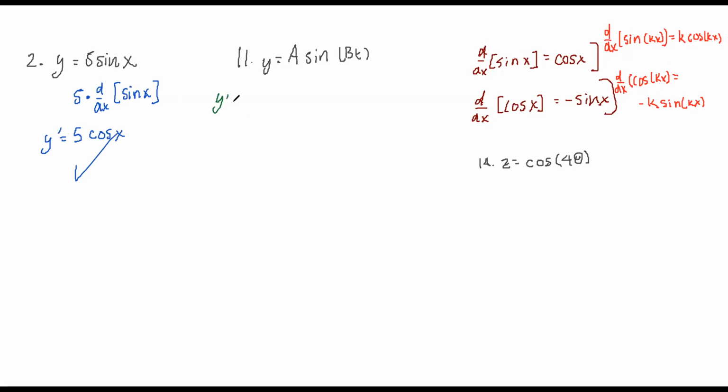So y prime is going to be equal to a times the derivative of sine bt. So this is going to be a times, we have a constant, we pull that constant out, then it's going to be cosine, and it's still going to be bt in there. So this is going to be equal to ab cos bt.